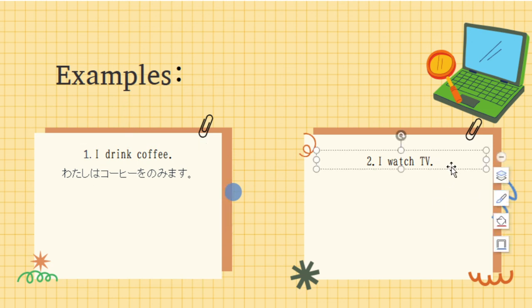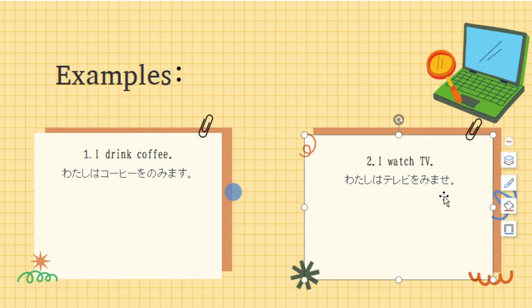Okay. So, I watch TV. TV is the affected object of the verb watch. So we have watashi wa terebi o mimasu. So that is for our second example.